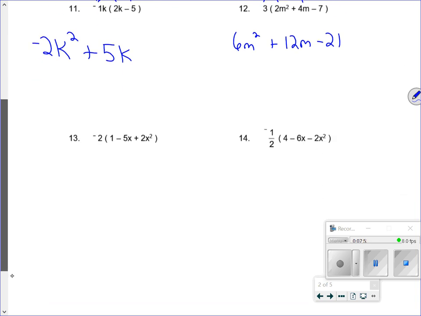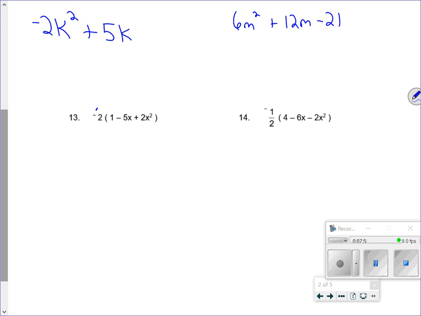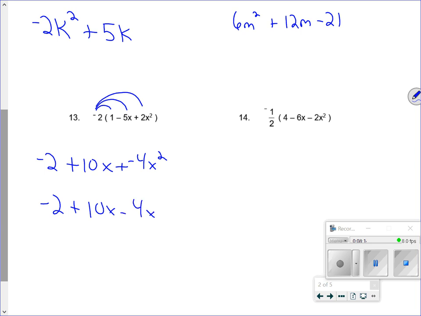Number 13. Watching our signs again, -2 times 1, -2, -2 times -5, +10. Don't forget your x. And -2 times +2 is -4 x squared. And either the first answer or this second answer, both of these answers are correct with a plus negative or with a minus.